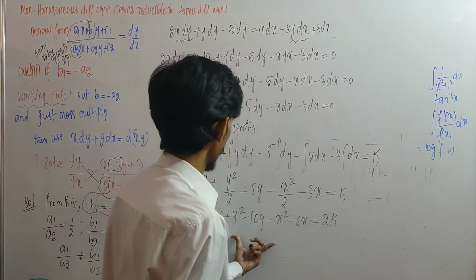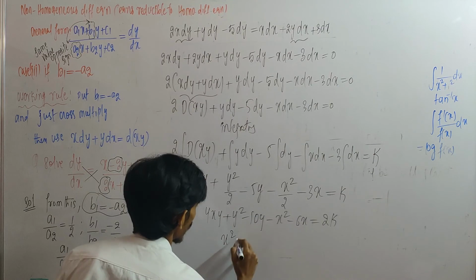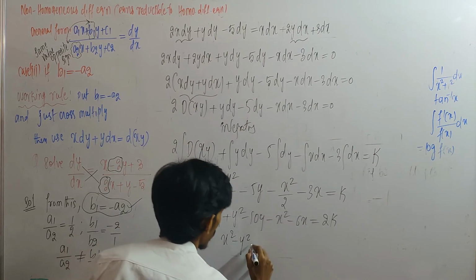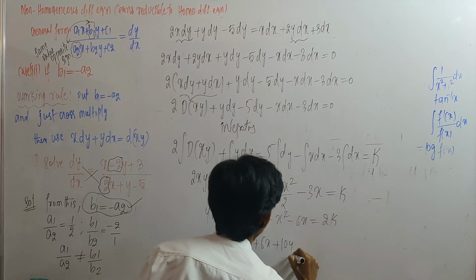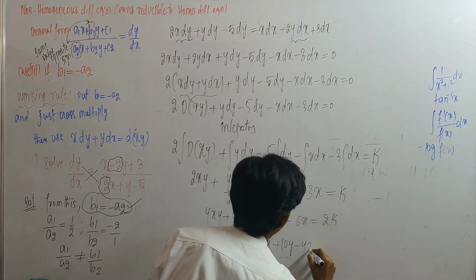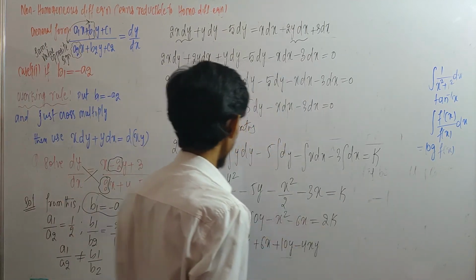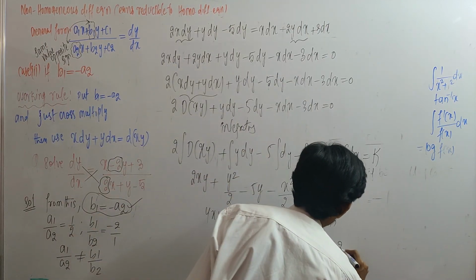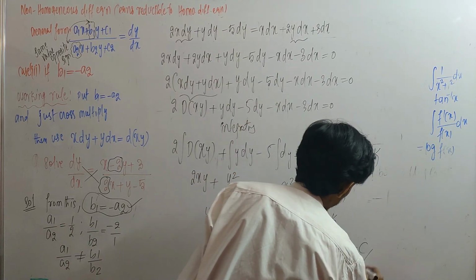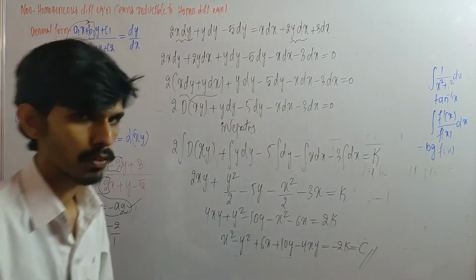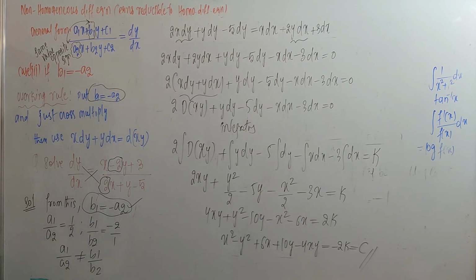Now take all these terms to that side, it will become x square minus y square plus 6x plus 10y minus 4xy, and take this 2k here, it will become minus 2k. Treating this minus 2k value as some constant c. So this is the procedure of solving case 3, that is b1 equal to minus a2.